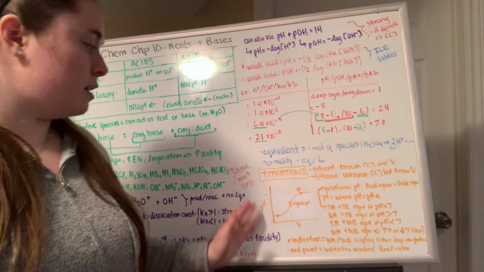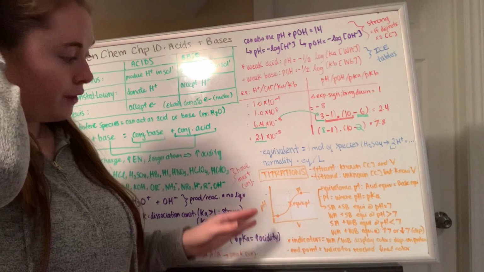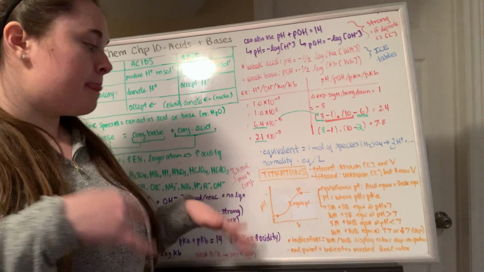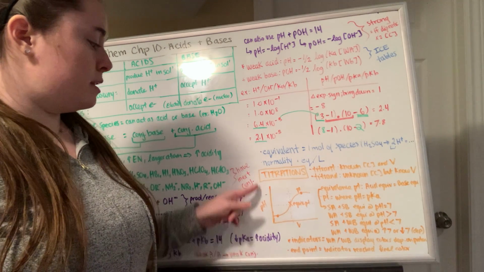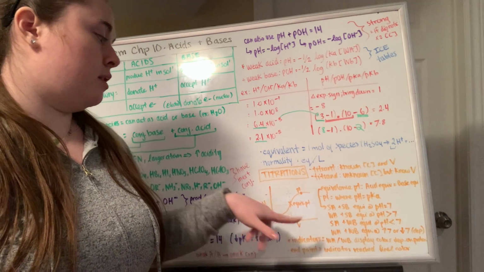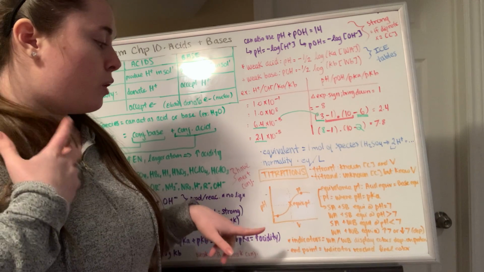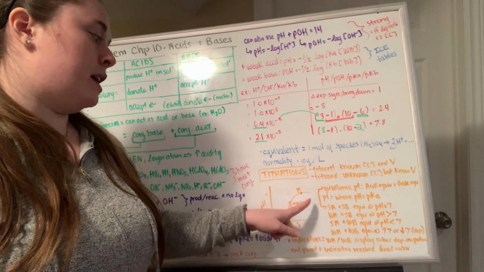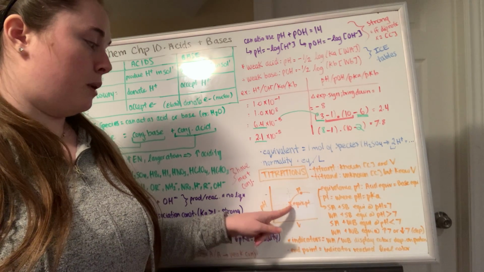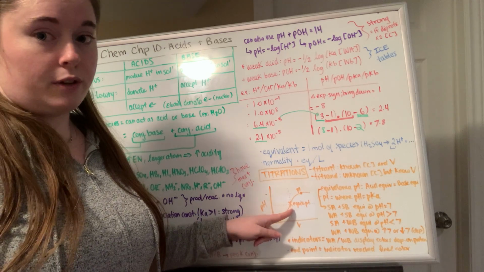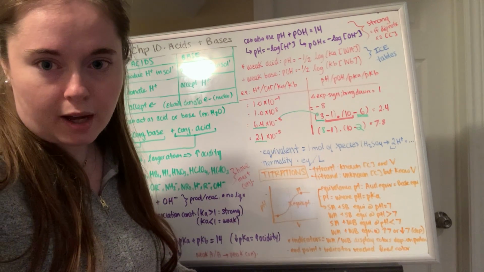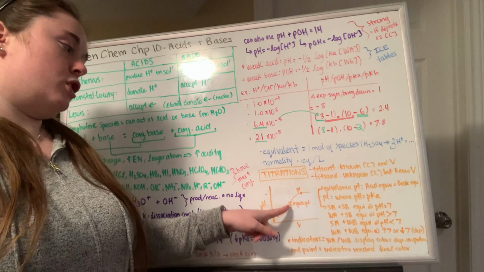So this is a titration curve, and I just drew it very briefly to show you. So this is a pH, and the volume there. So if we're looking at an equivalence point, the equivalence point is the steepest part of your graph. It's a little blurry, I don't know why. It's the steepest point on your graph.